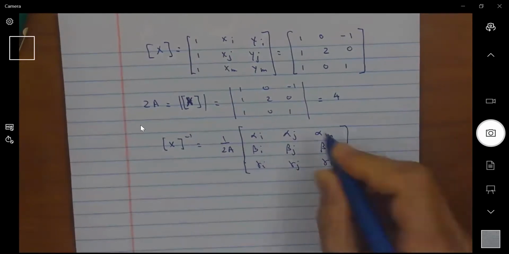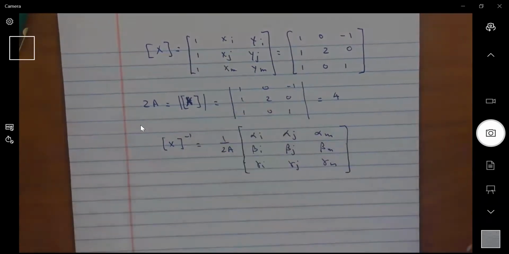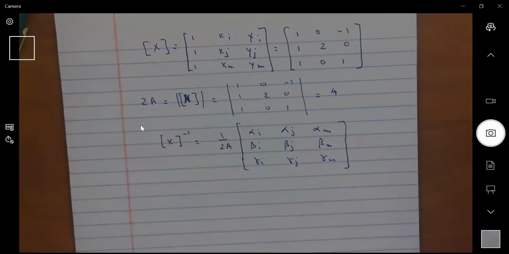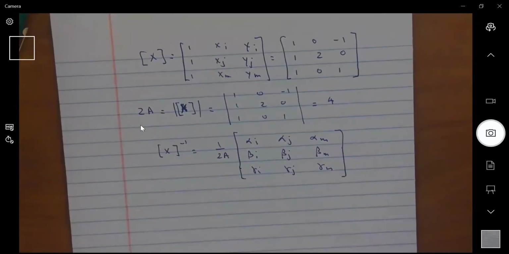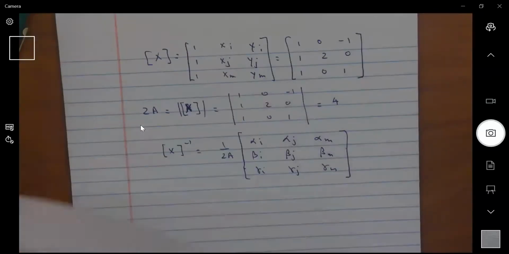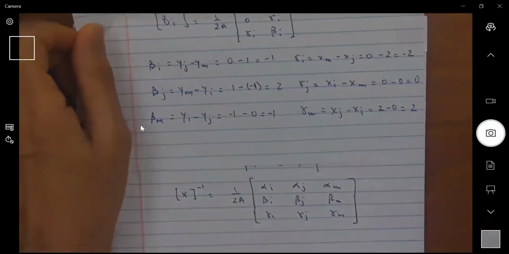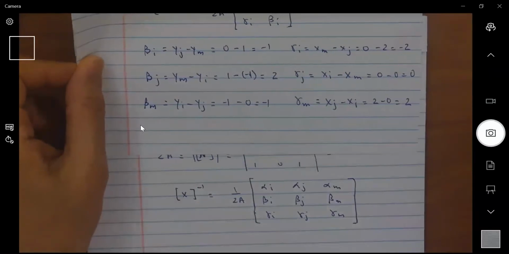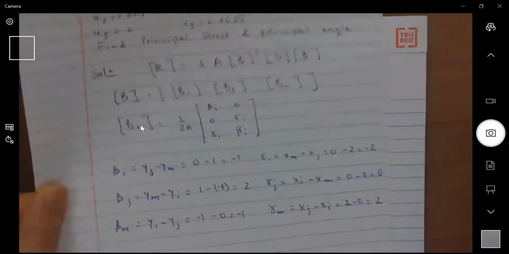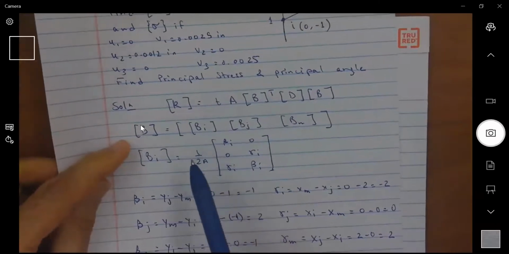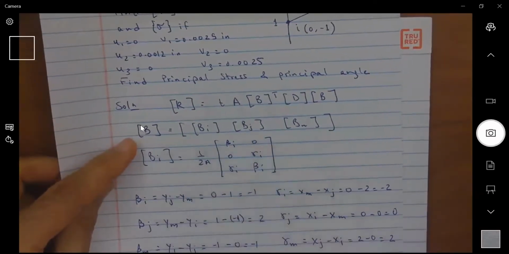And we have already identified 2A and all the alphas, betas, and gammas. So now if I use these, I can write the matrix B.